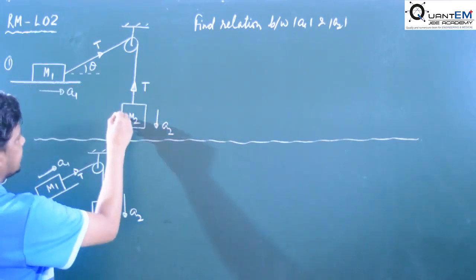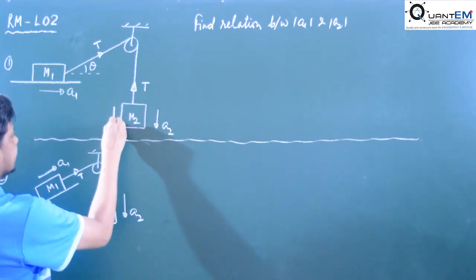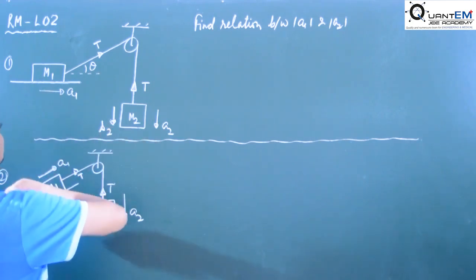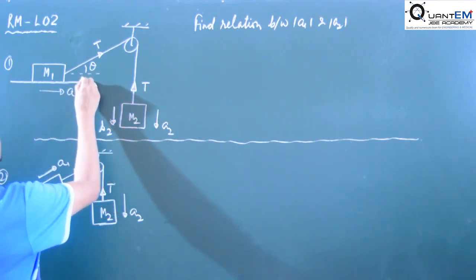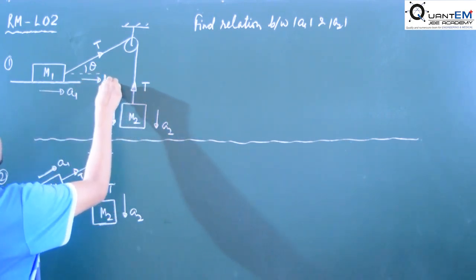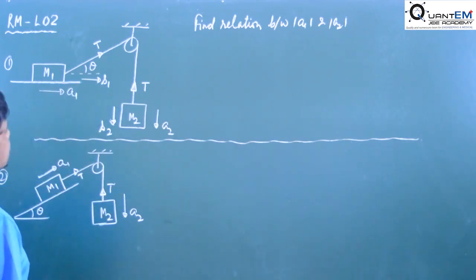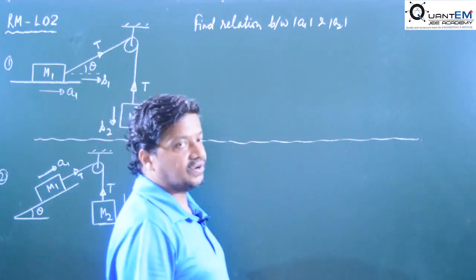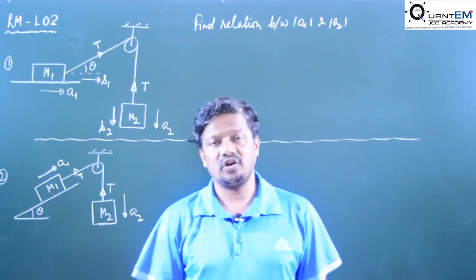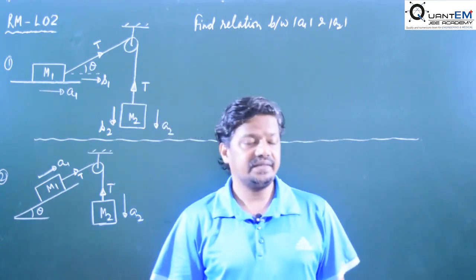This mass is coming down. Suppose displacement here is s2, and in the direction of motion here the displacement is s1. The relations for displacements, velocities and accelerations are the same.